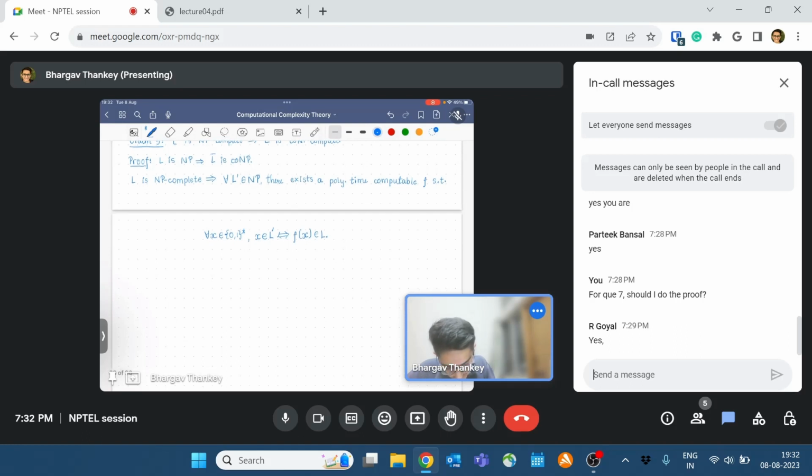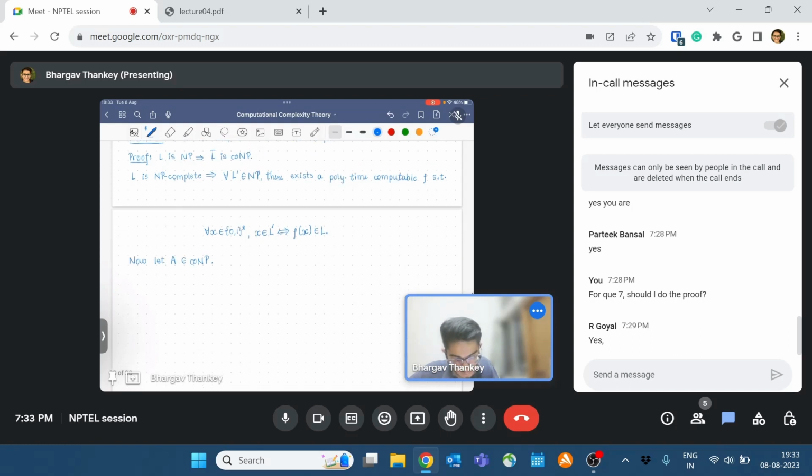Now let A be in co-NP. What do I want to show? That A reduces to L complement, right? So A is in co-NP, so A complement is in NP, and set L prime equals A complement.